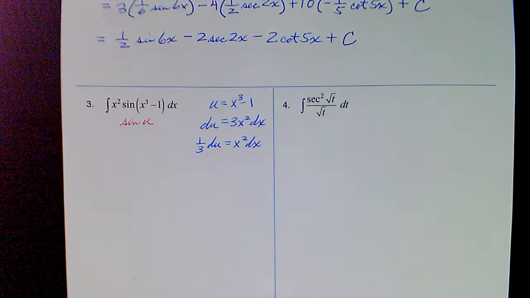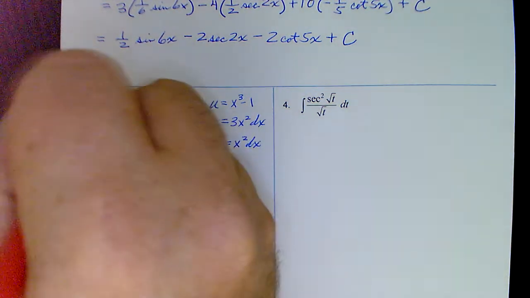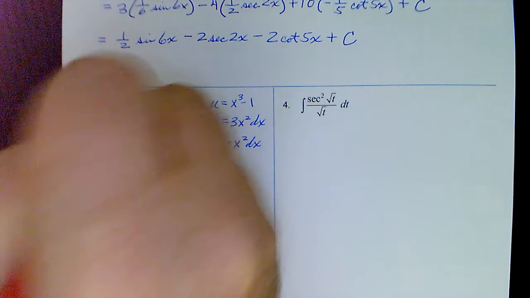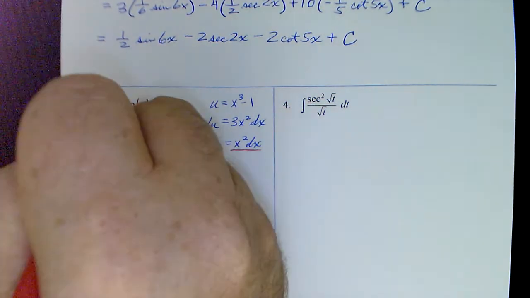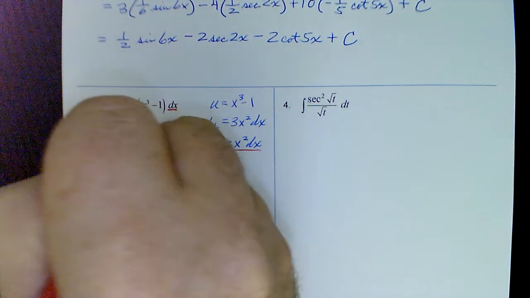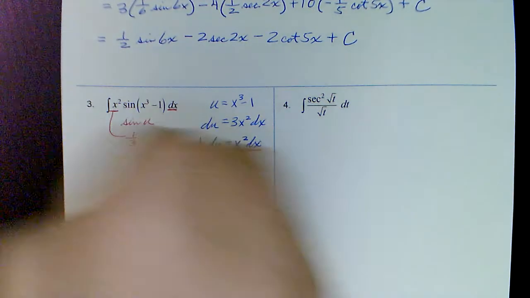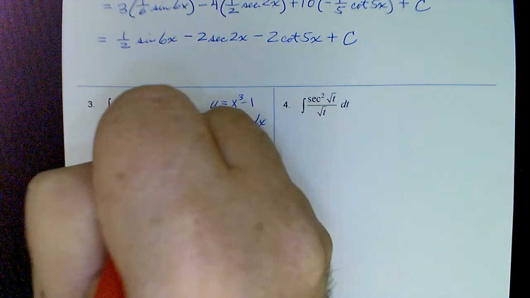And when we look back at the integral, we've already established the sine of u was the formula we were shooting for. We have to account for the leftovers, the x squared and the differential dx, if we compare that to our du, we see that they match. And we could replace the x squared dx by the 1/3 du.